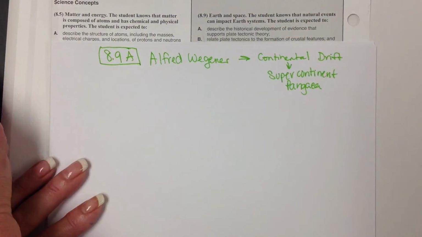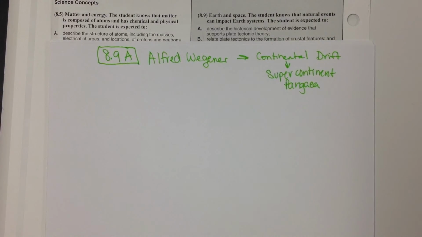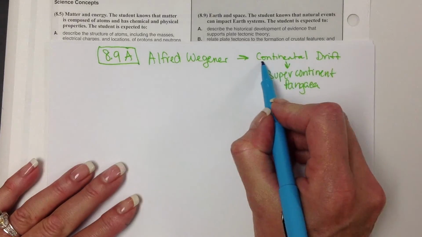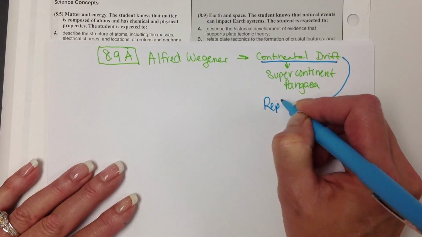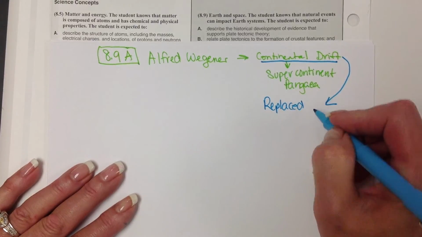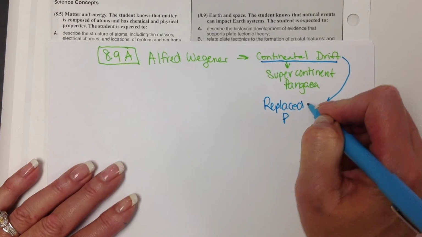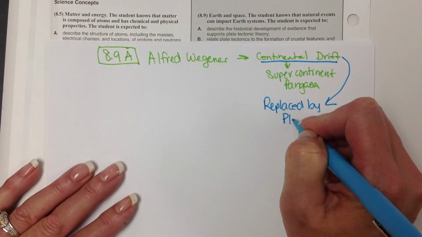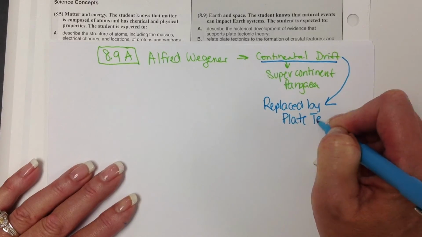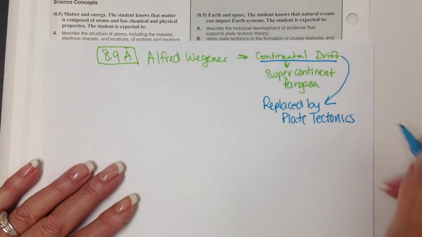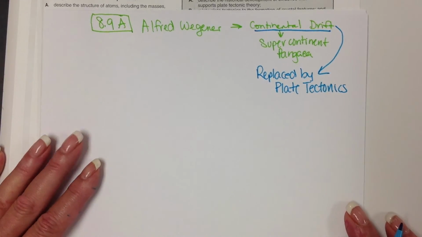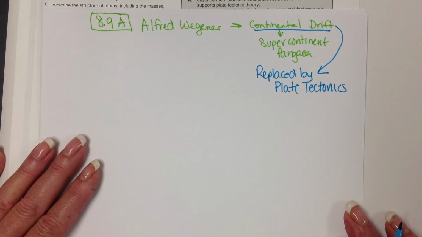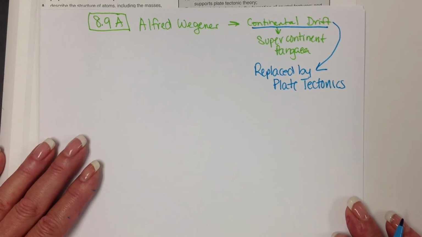The problem with his theory, continental drift, was he could not explain how continents moved. So continental drift was replaced with the theory of plate tectonics, which tells us that these large lithospheric tectonic plates do move, and they move in different directions, causing different results on the surface of the Earth.